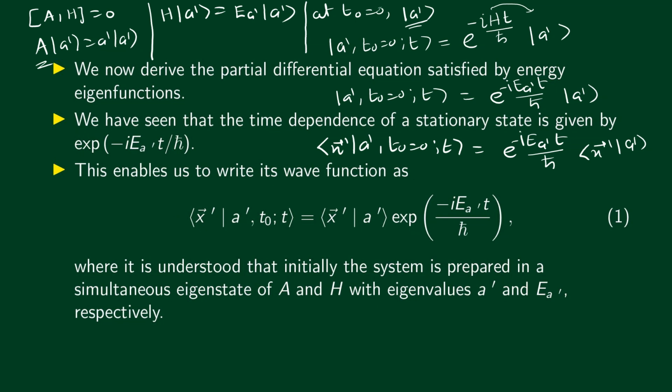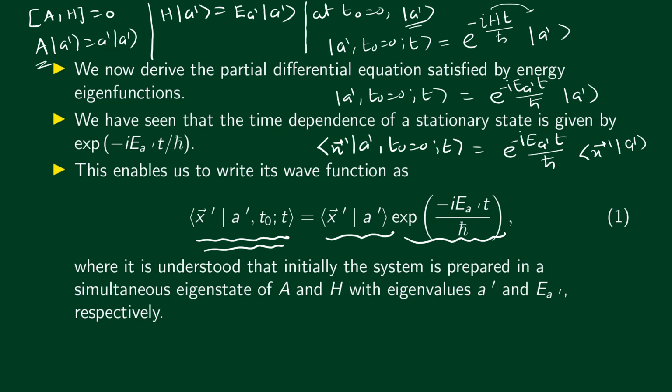So we say that this equation says that the energy eigenfunction at a later time t is equal to the initial energy eigenfunction, which is bra x vector prime ket A prime, multiplied by this phase factor exponential minus i E_A prime t by h bar.